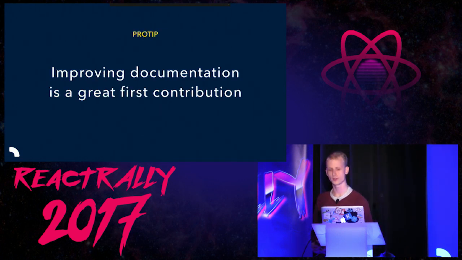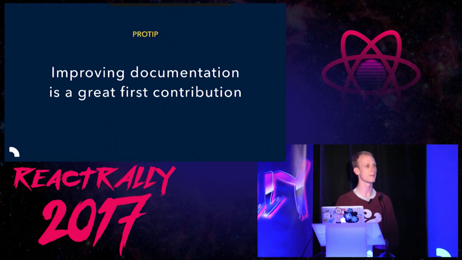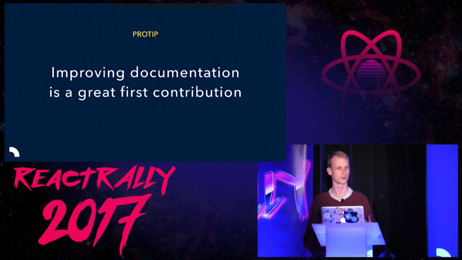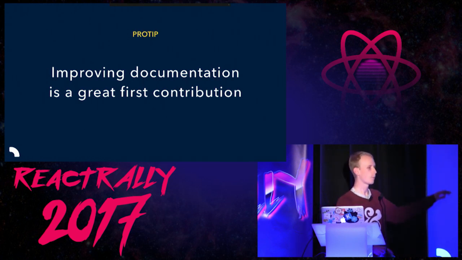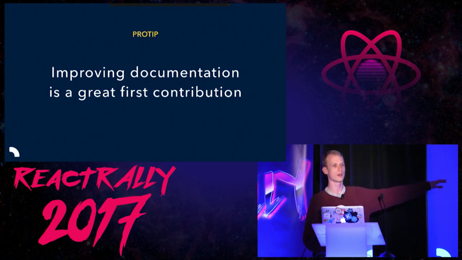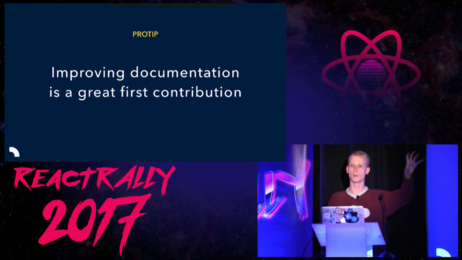So a very good pro tip is that improving documentation is an amazing first contribution. As somebody who has JavaScript libraries that are used by other people, and also some that aren't used by other people, documentation PRs are something that I absolutely value the most. The code, I can probably write myself. I can figure out the code. But for documentation, I likely have huge blind spots where I'm missing usage patterns that people have.